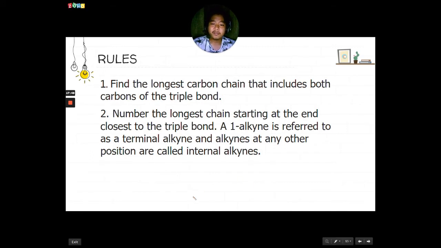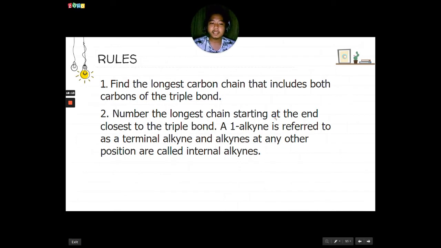So, the first is find the longest carbon chain that includes the triple bond. So, lagi nating sinasama si triple bond. Kahit minsan parang mas haba dito, pero hindi parang naging attachment lang si triple bond, that's wrong. We always include the triple bond in the longest chain. We prioritize bond over the attachments.